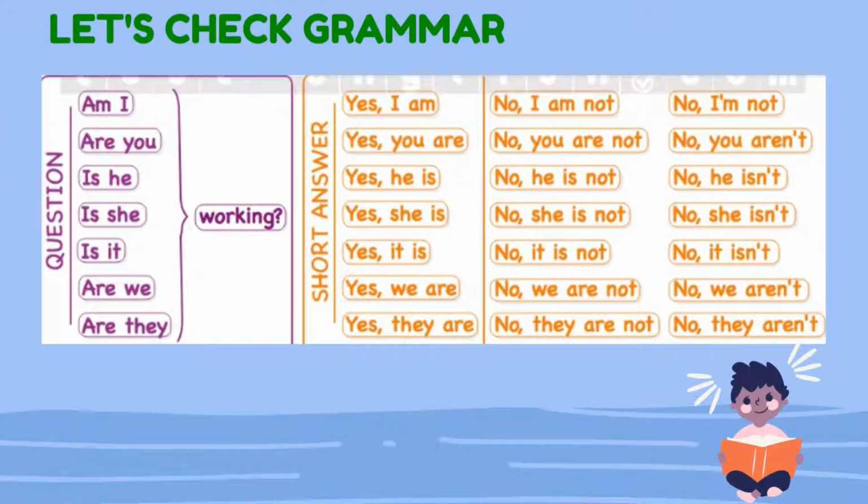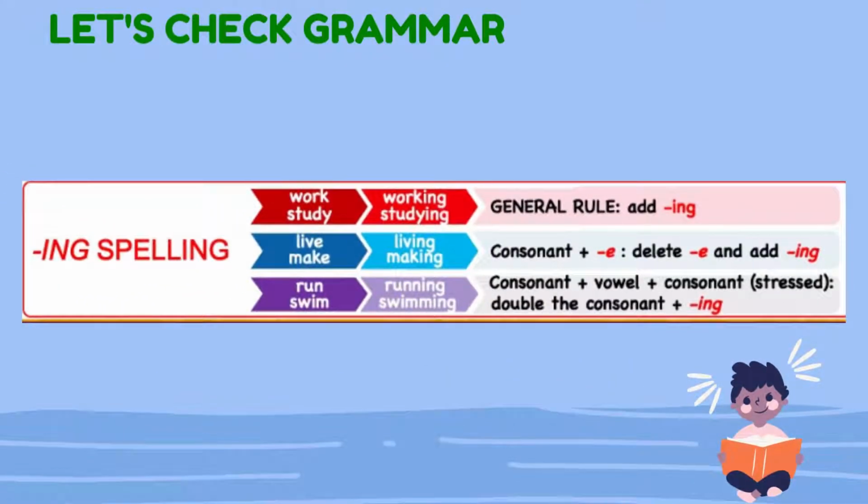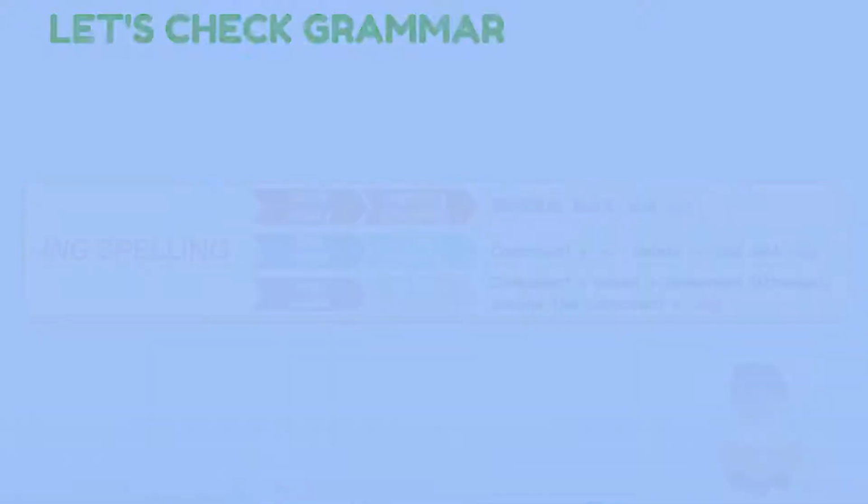As always, we use the verb to be first and then the pronoun with ing at the end of the second verb. For example, is she working? To answer, you may use a positive or negative statement, like yes, she is, or no, she is not. You may pause this video to review the spelling rules for present continuous.